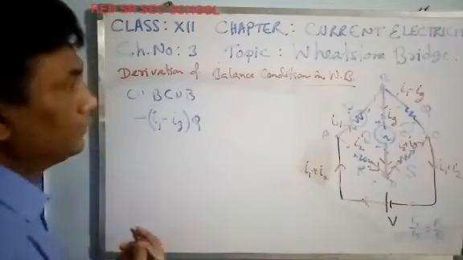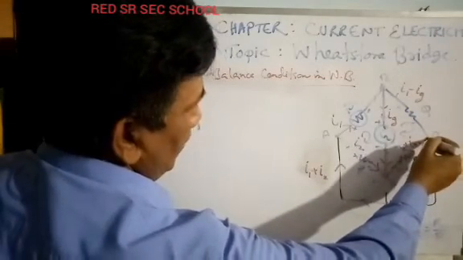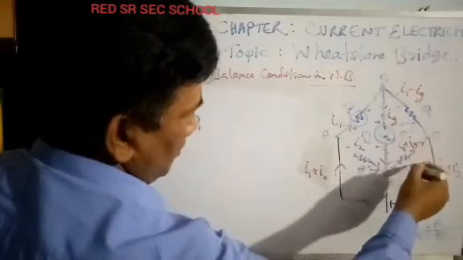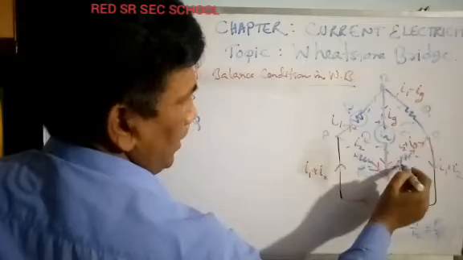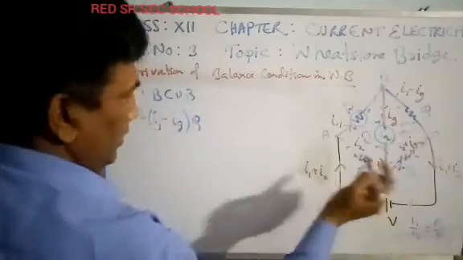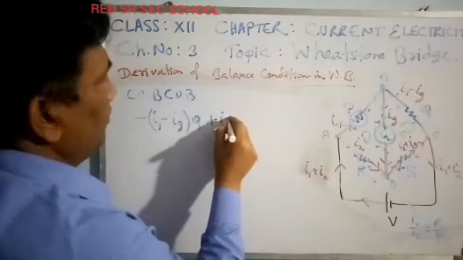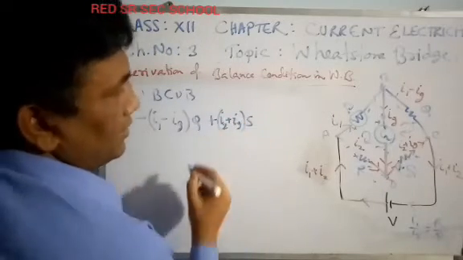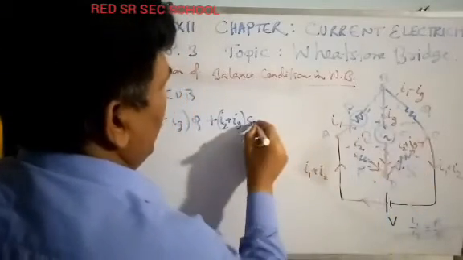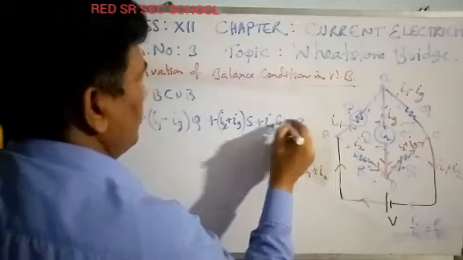Then as I reach here, I see this potential difference, but this will be plus because current will be going this way, but you are coming this way. You will see the final point is positive: I2 plus Ig into S. Now you go this way again, and the sum is equal to 0.